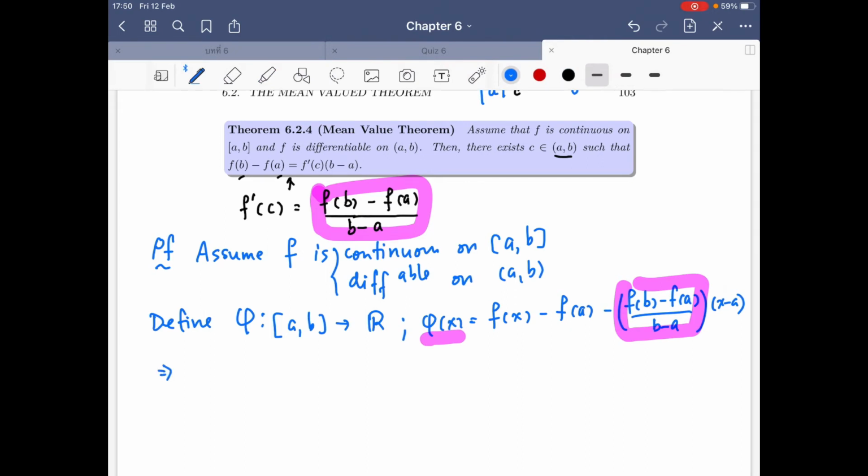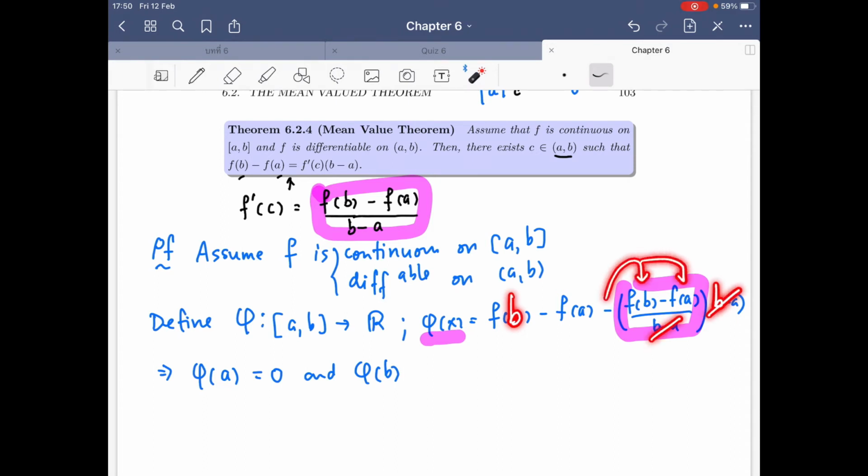So immediately you can say that if you replace x by a, this one cancelled. If you replace x by a, this one also cancels, so you get all 0 at once. And if you replace x by b, this one cancels first, and then the negative will distribute inside, so your f(b) cancels as well as your f(a). So phi at b is also 0.